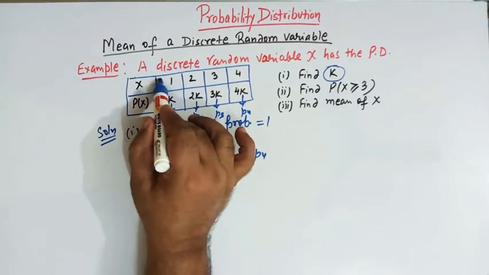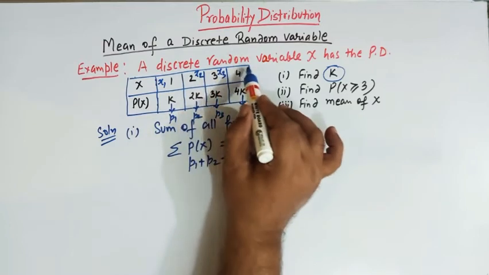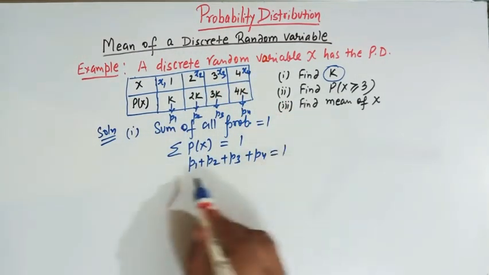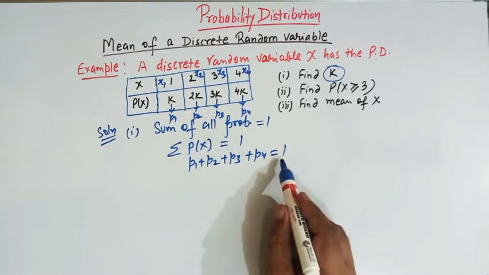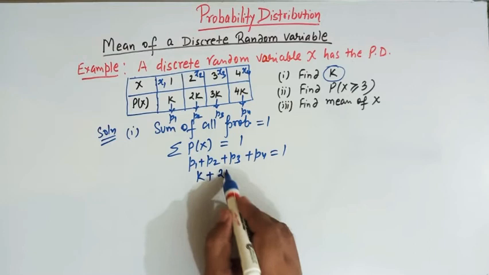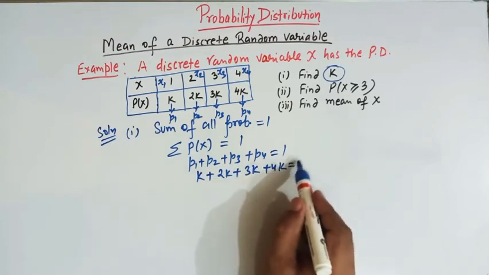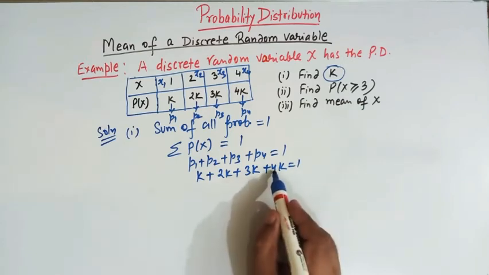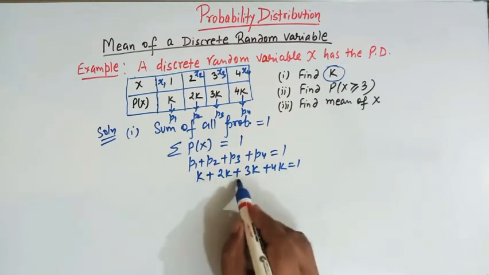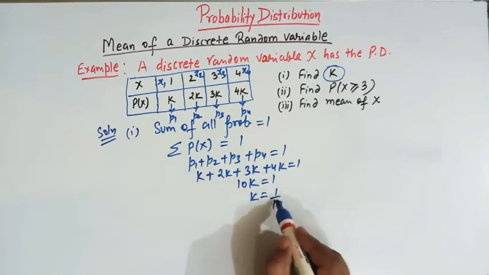And we can take this as x1, this is x2, this is x3, and this is x4, right? So the sum of all the probabilities should be equal to 1, and we have k plus 2k plus 3k plus 4k should be equal to 1, and this is 4 plus 3 is 7, plus 2 is 9, plus 1 is 10, 10k equal to 1, so k is 1 over 10, right?